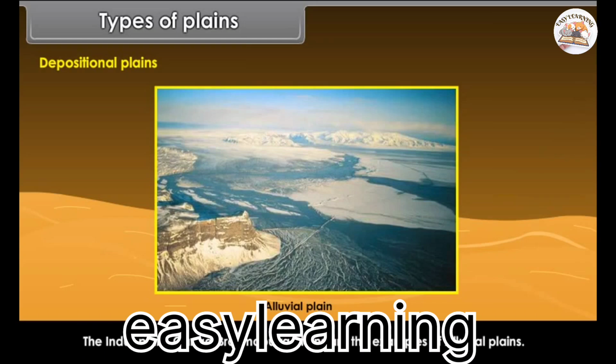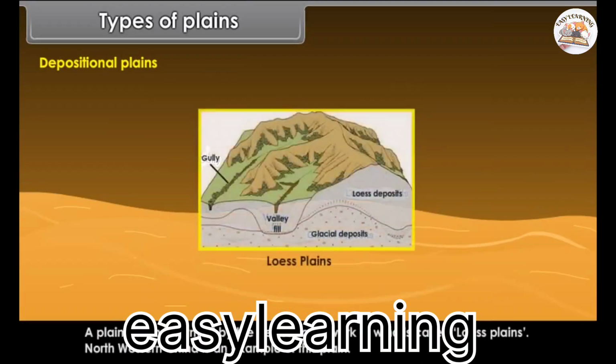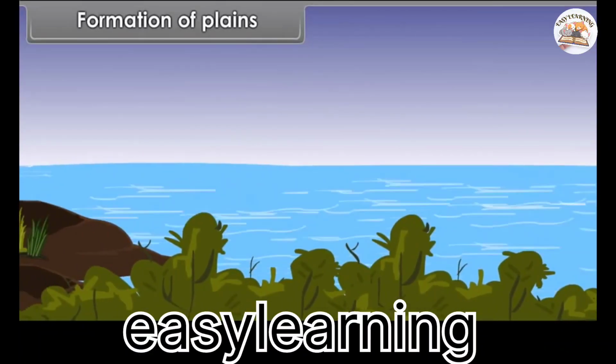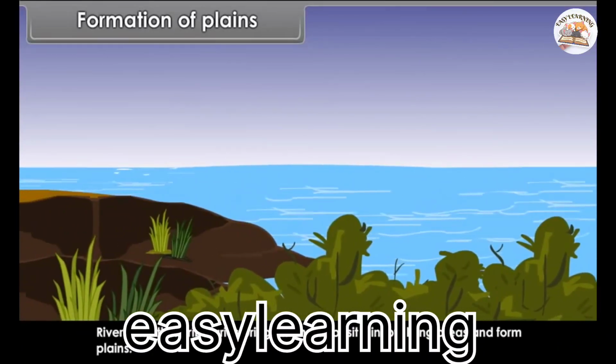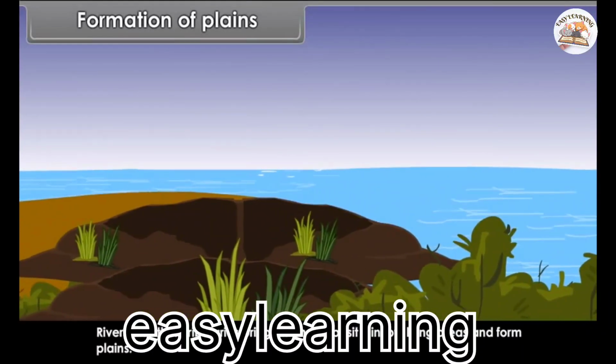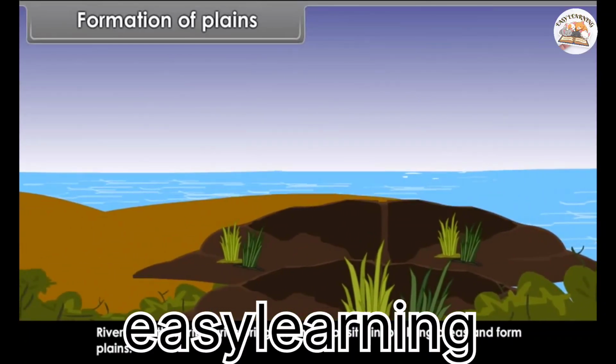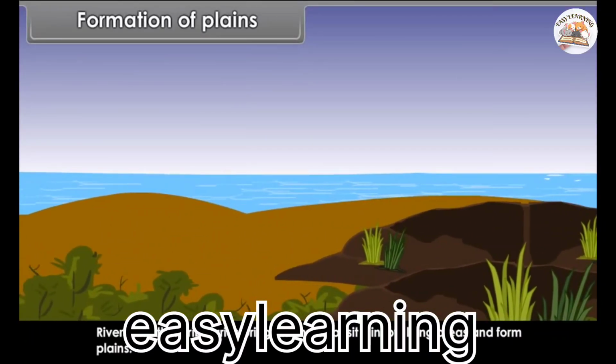The Indus Plain, Ganga-Brahmaputra plains are the examples of alluvial plains. A plain which is formed by the depositional work of wind is called Loess Plains. Northwestern China is an example of this plain.